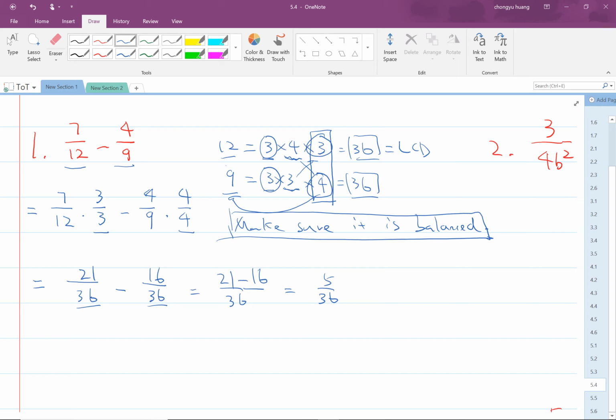So now this is the final solution for this problem. Keep in mind, you want to make sure it is always balanced.